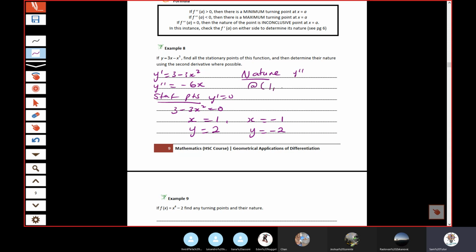At 1 and 2, y double dash equals negative 6, less than 0, which is a max. It's the opposite, isn't it? Because less than 0, you would usually think it's min, but it's max, it's opposite. So, and then at negative 1 and negative 2, y double dash is equal to positive 6, greater than 0, min.